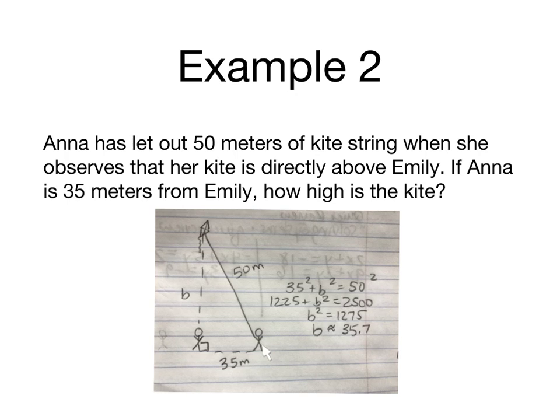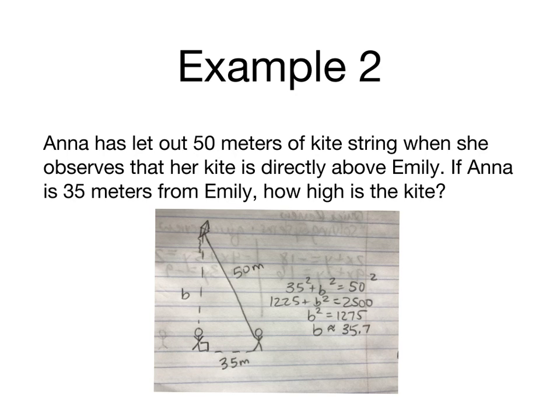Here's Anna with her kite. Here's Emily standing underneath the kite. 50 meters of kite string. They are 35 meters apart. And then there's B, which we're going to use as the height above the ground for that kite.